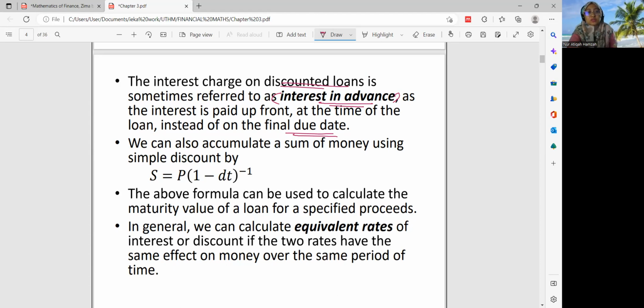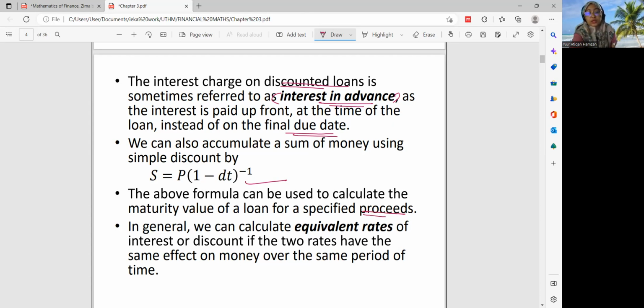We can also accumulate a sum of money using simple discount by S is equal to P times (1 minus dt) to the power of negative 1. The above formula can be used to calculate the maturity value of a loan for a specified proceed.